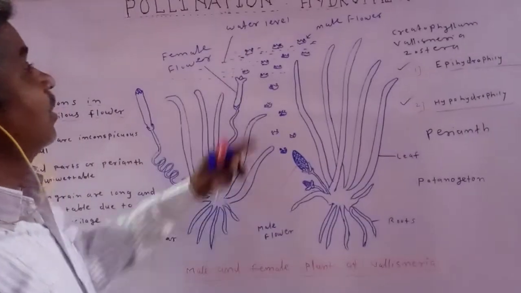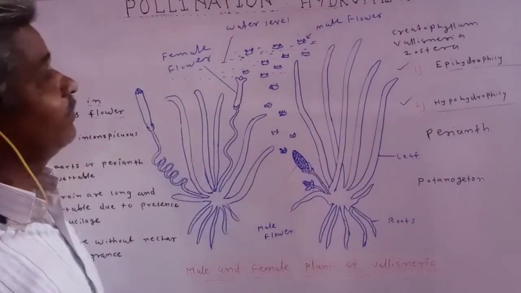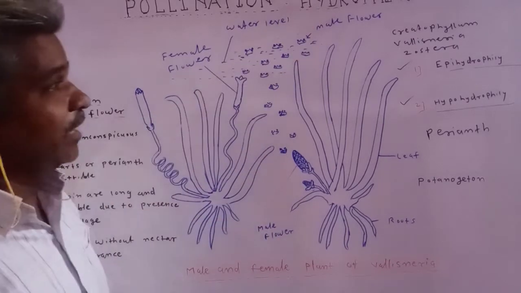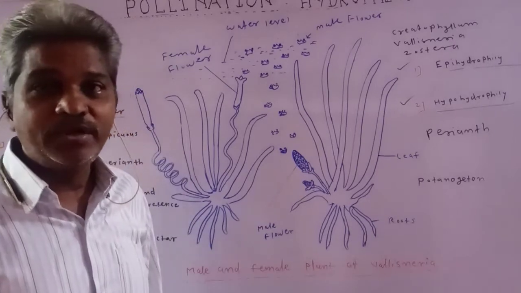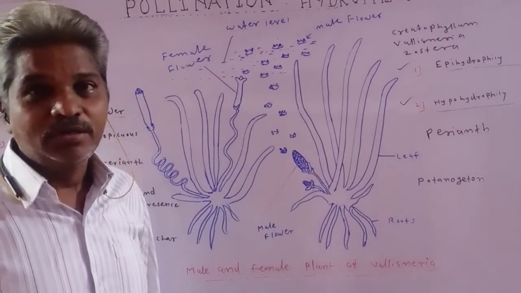So aquatic plants show various types of pollination like hydrophily, entomophily, and anemophily.